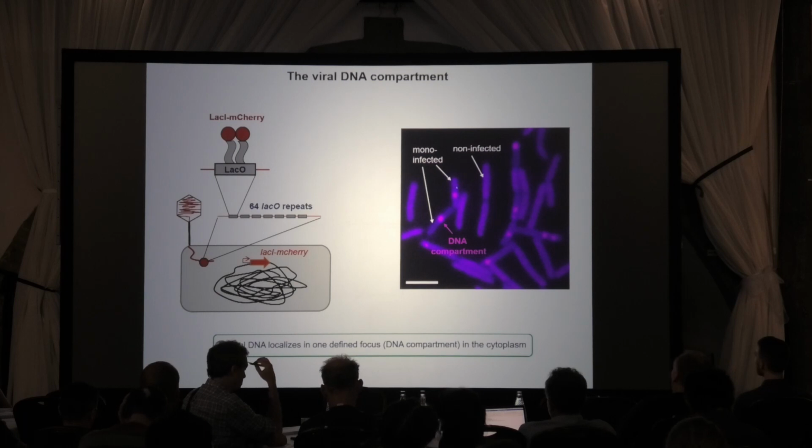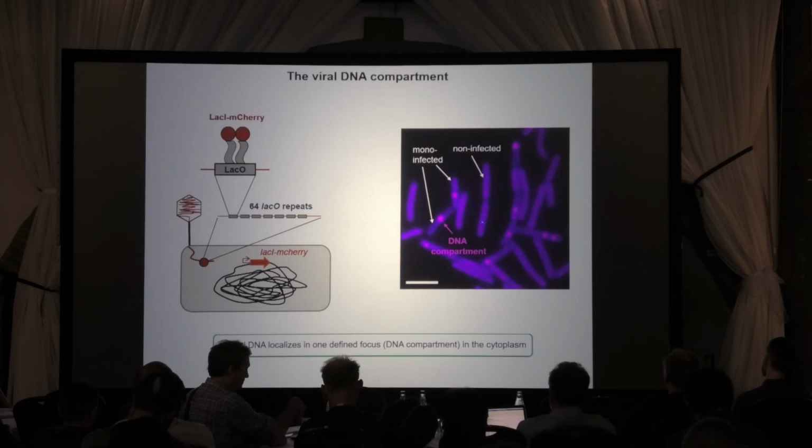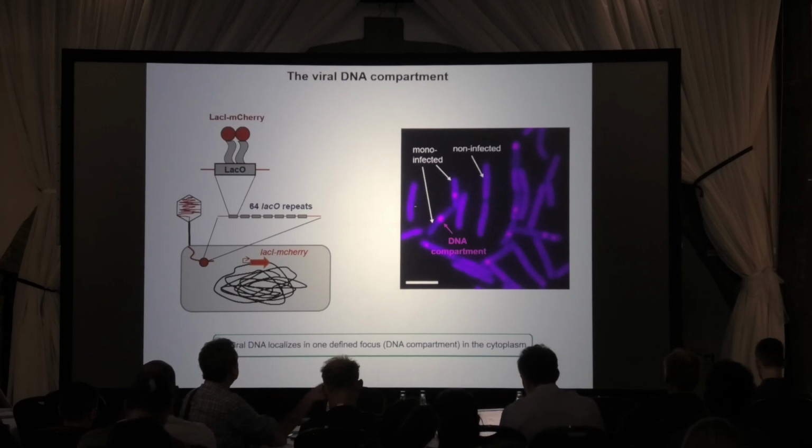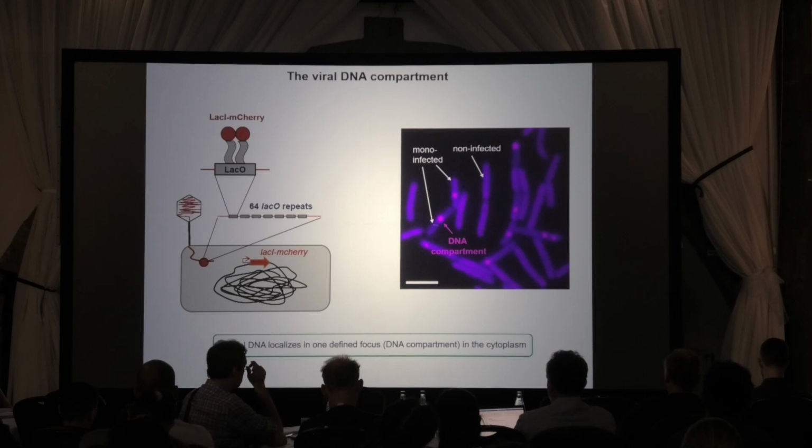We always try to have mono-infected cells, so a low MOI to make sure we don't have a lot of multi-infected cells, and you can see the non-infected very clear here. So we define this as the DNA compartment that is generated by viral infection.